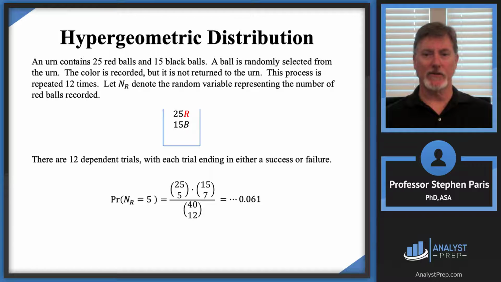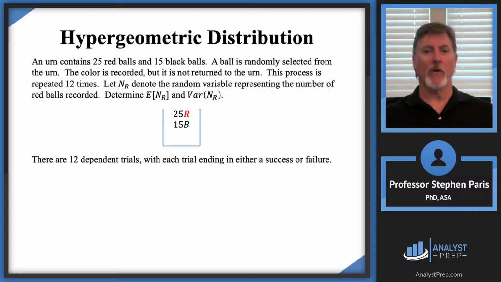Let's go back to the question that I'm in. Now I'm going to seek the values of the expected value and the variance of this random variable. So the next slide is going to be the general description of a hypergeometric distribution. But before I do that, let's go over the situation here.